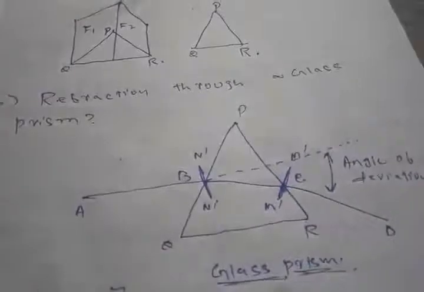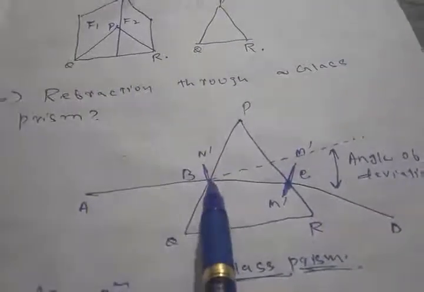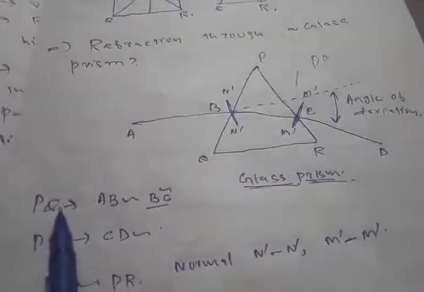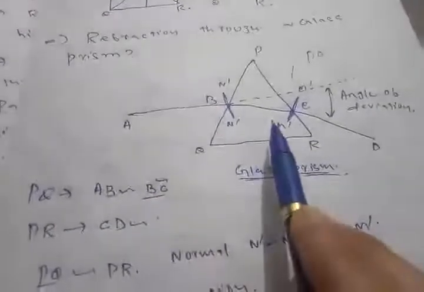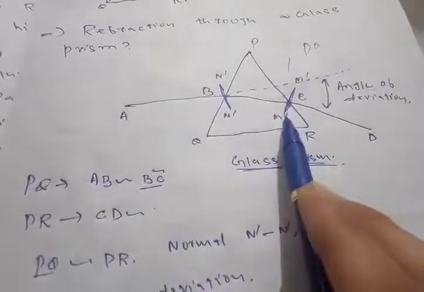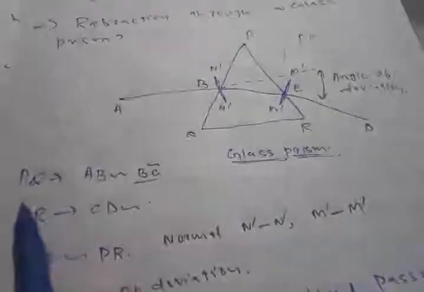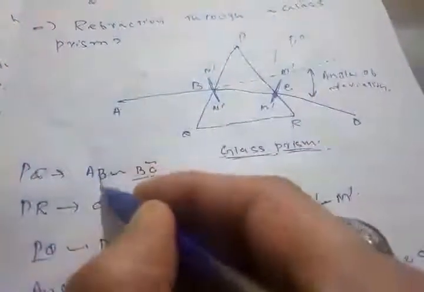For example, take a glass prism P, Q and R. A ray of light, AB, falls on the side PQ. After refracting at point B, this light bends inside the prism and deviates in the direction of CD. So this ray of light AB goes in the direction of CD.